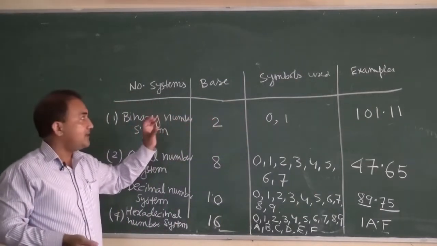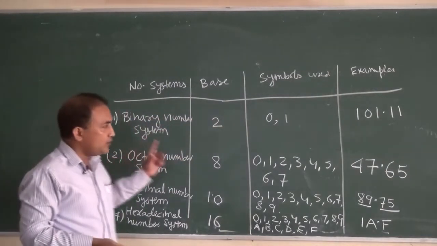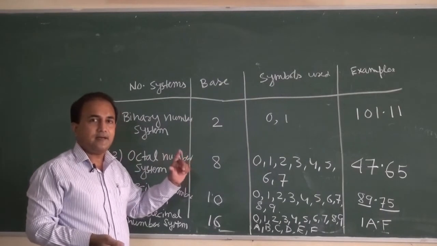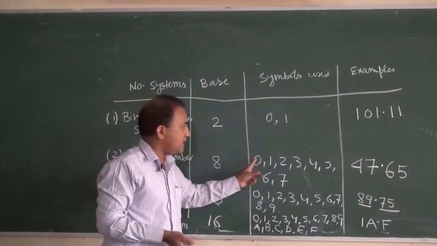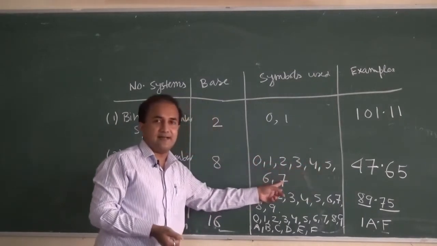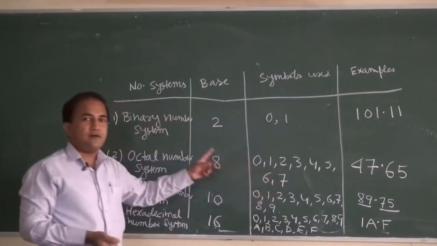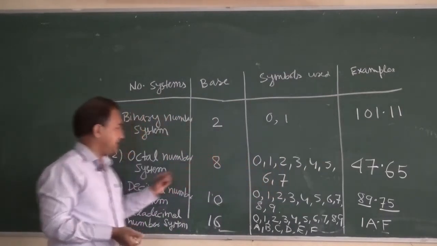That is why the base is 2. In octal number system, you are representing any number by using 8 different symbols: 0, 1, 2, 3, 4, 5, 6 and 7. So total number of symbols are 8. That is why base is 8.